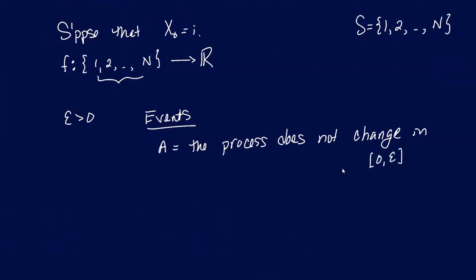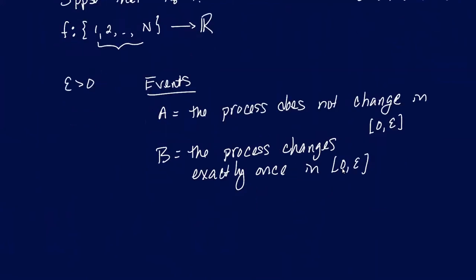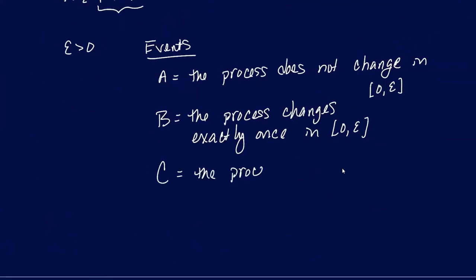So after epsilon units of time, we're still where we started and we're always there. B is the event that the process changes exactly once in that amount of time. And C is the event that the process changes 2 or more times in that time interval.